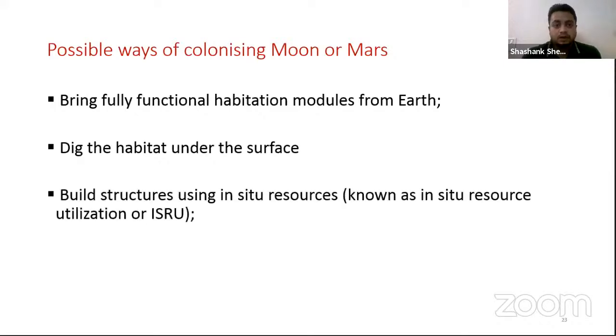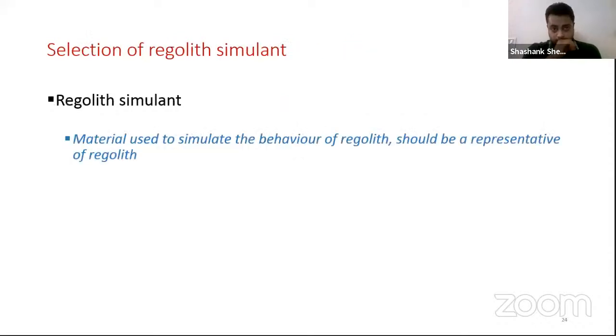That could also be done. Or we could use in situ resource utilization, ISRU, by using the local soil, local regolith, processing it a bit, extracting certain material which can be used for printing, and then machines can be deployed which print the structure layer by layer. So what is first required in undertaking this task is that we have to simulate the regolith or the soil at Mars or Moon.